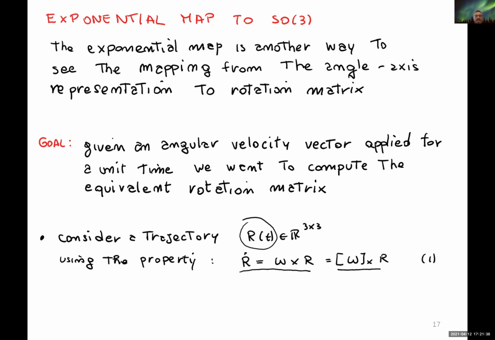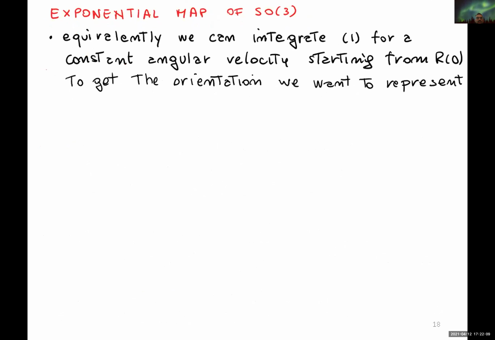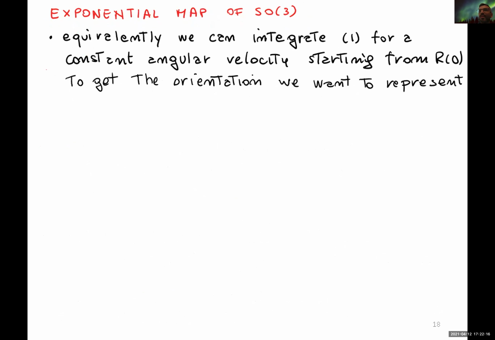That could be rewritten, as I said, as the associated skew-symmetric matrix to the cross product of omega times R. And if you look closely at this equation, it's a differential equation of a first order dynamic system that, as you know, has a solution with exponential starting from the initial value x0. So in an equivalent way, we can integrate this differential equation with the rotation matrix, where this is equivalent to the A matrix.